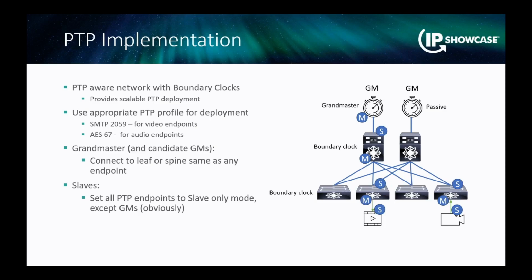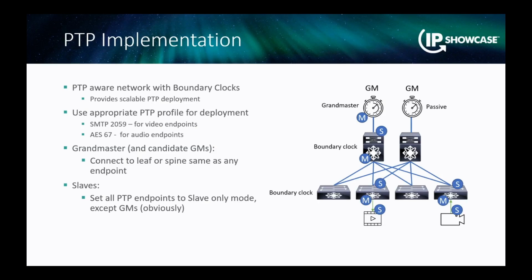When you run it in boundary mode, you form a master-slave relationship at each layer in the network. If you look at the diagram, a grandmaster is obviously a master, but the next device is a slave on that particular link. And then from the boundary clock on that network device to the leaves, you also form a master-slave connection. So you are able to scale more and provide more efficient time points.